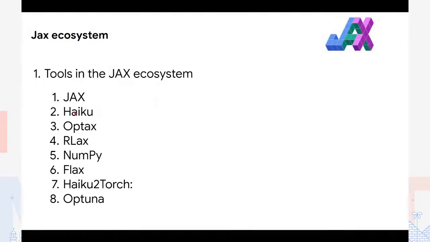Thanks to Haiku, we are able to create and design neural networks, add some layers, add some weights, and so on. JAX alone can't design the model or build a neural network. We always need something that helps it, which is the Haiku library.